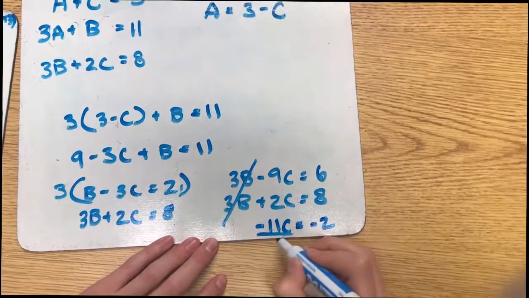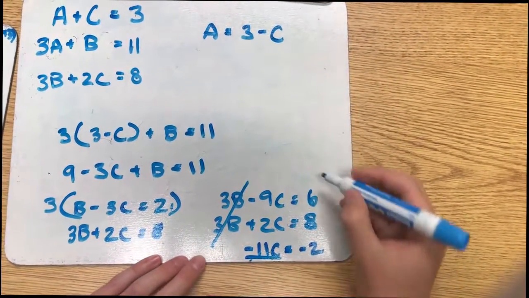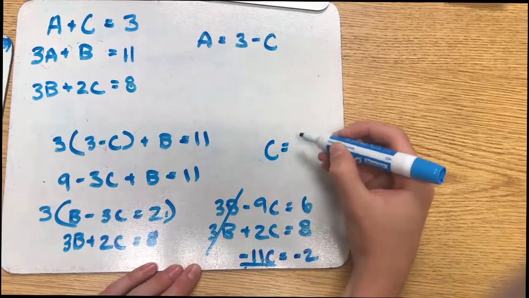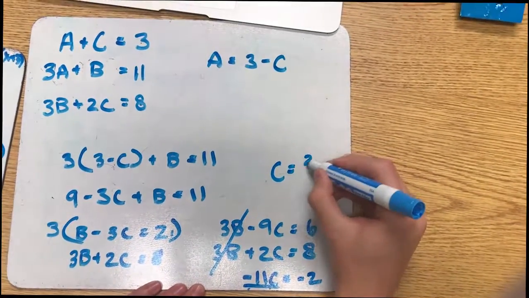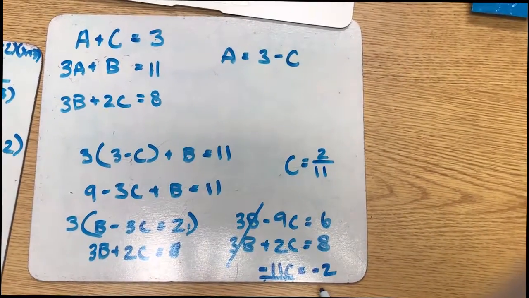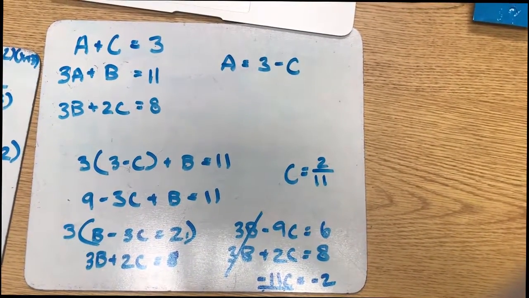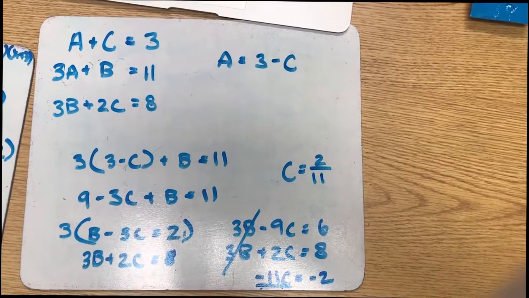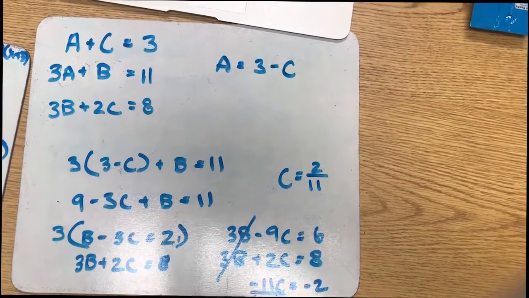After that, we are going to divide negative 11c by negative 11, and we're going to divide negative 2 by negative 11, leaving c equal to 2 over 11.